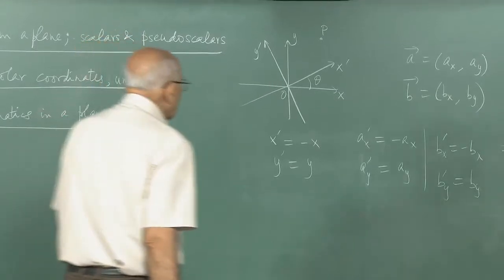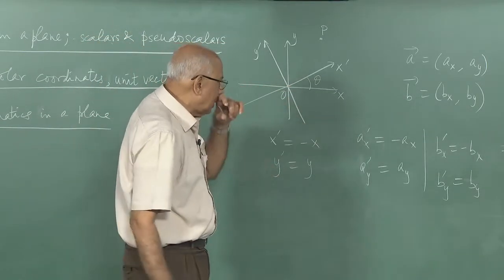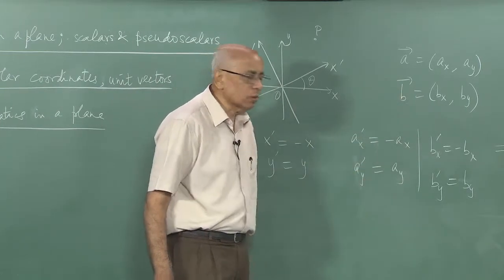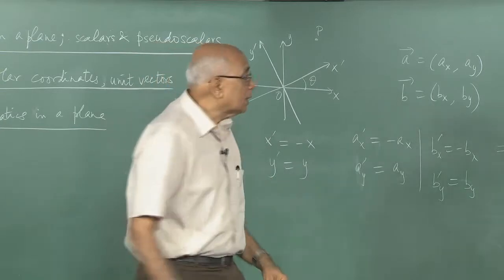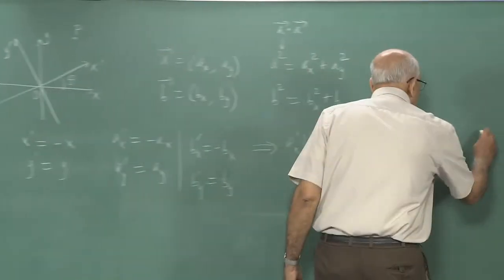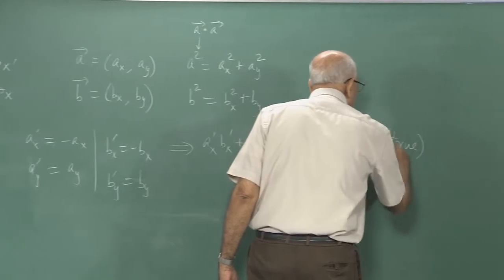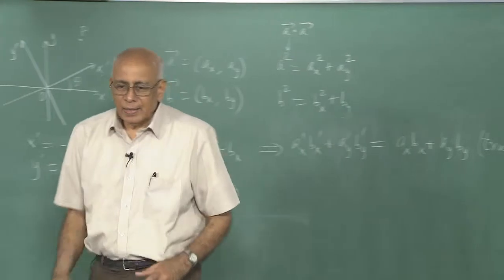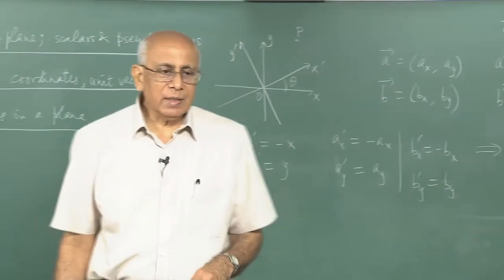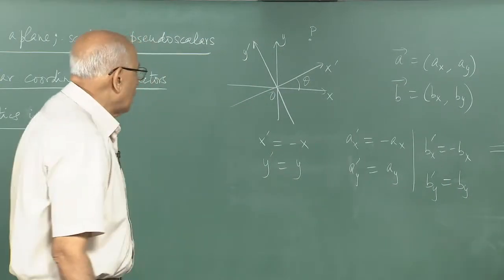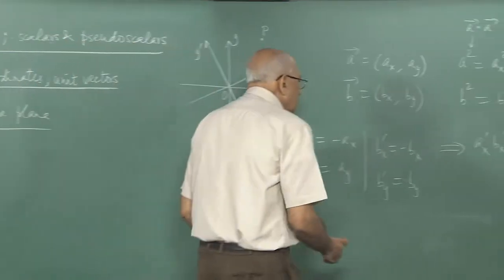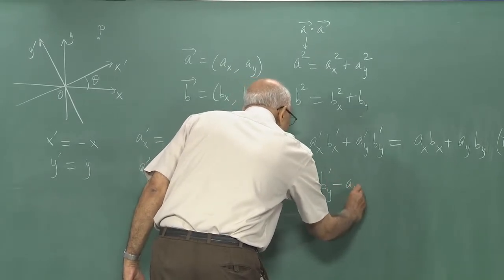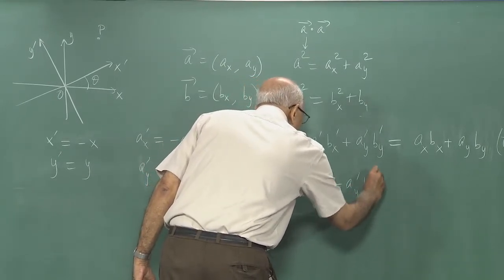Of course, if you have a reflection about the x axis, it is a simple matter to see that what will happen then is that the x components do not change sign, the y's do, and exactly the same thing goes through here. So this is a true scalar, not only under rotations but also under reflections, under improper transformations. But look at what happens to the other combination. Look at the combination ax prime by prime minus ay prime bx prime.